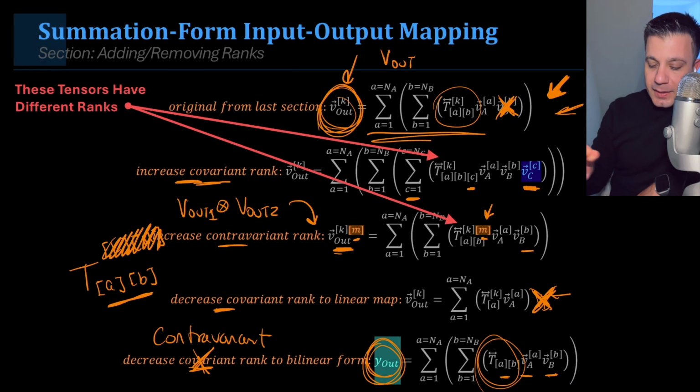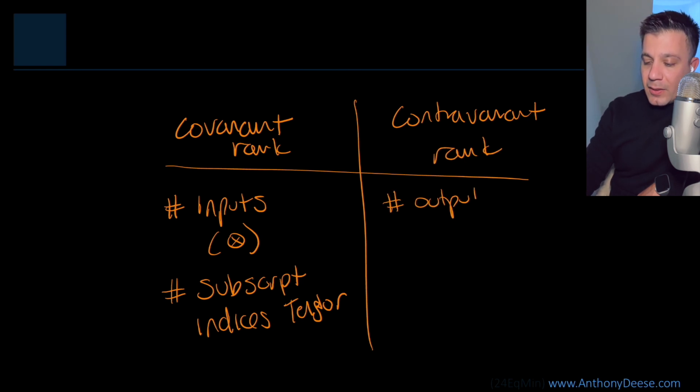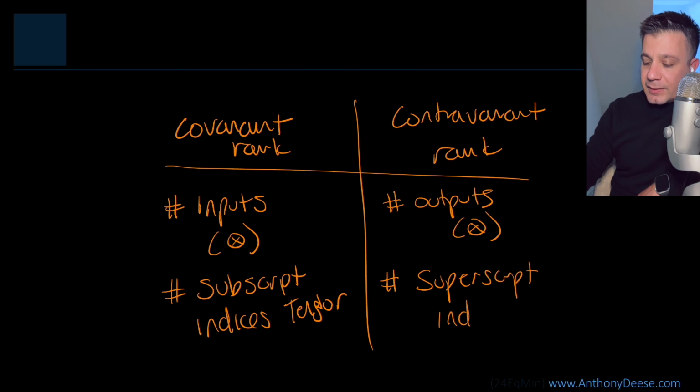If it has 2 subscript indices, that means it's covariant rank 2. As far as contravariant rank, we can look at the number of outputs that are combined via tensor product. We can also look at the number of superscript indices associated with the tensor.